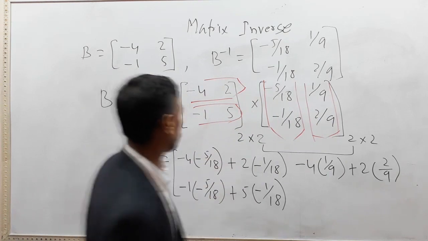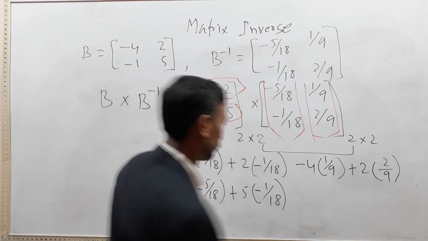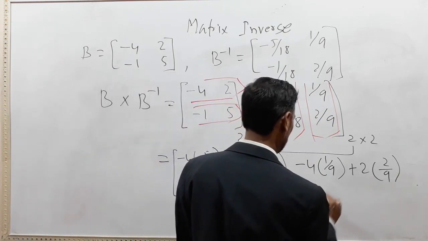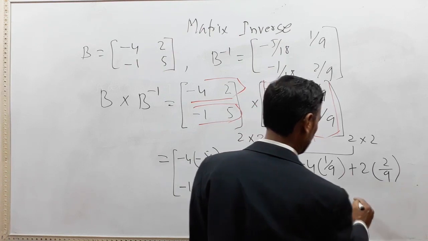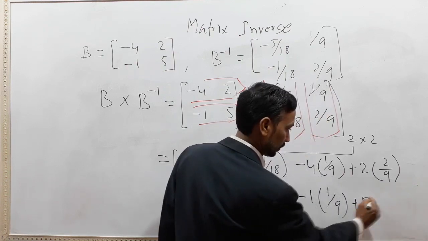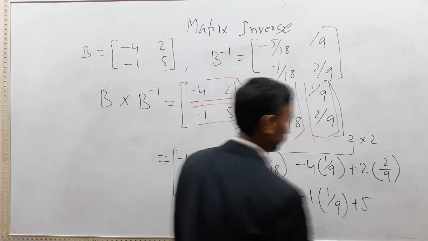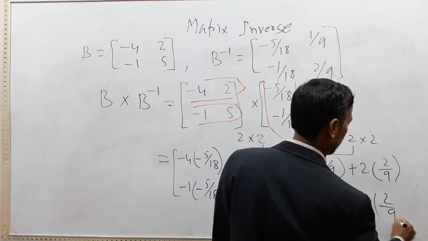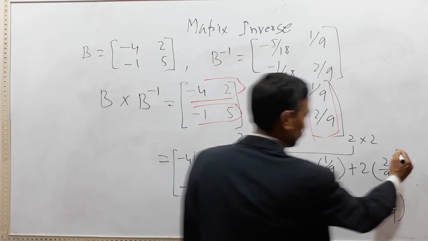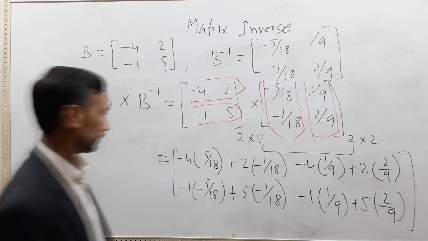We'll take the second row of the first matrix now: -1 multiplying by 1/9 plus 5 multiplying by 2/9.